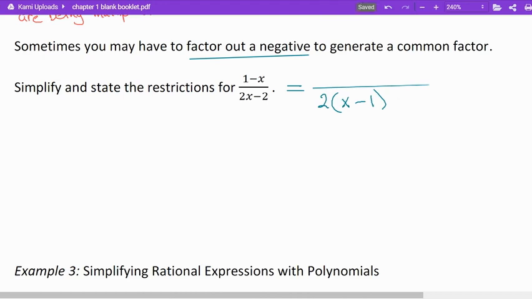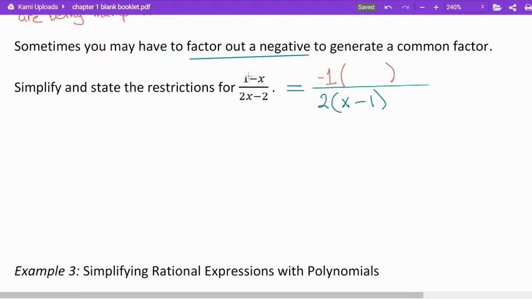Isn't that so similar to the numerator, except flipped? So in the numerator, the x is negative and the 1 is positive, and that's flipped here. So watch this. I'm actually going to factor out a negative 1 from the numerator, meaning I'm going to divide each term by negative 1.